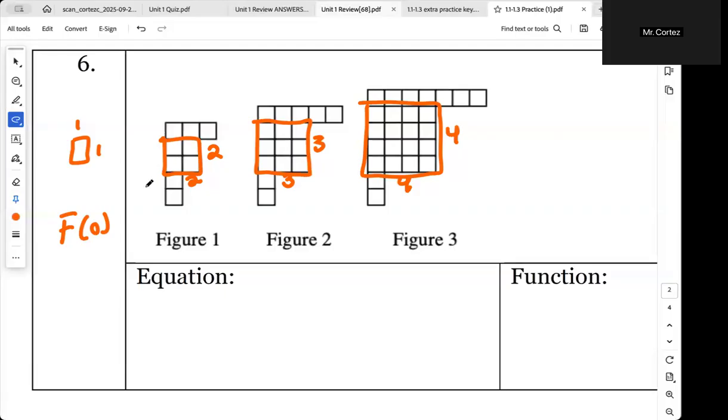So I would say that this is just the figure number plus 1 being squared. All of these are taking whatever the figure number is, you add 1 to it, you get the number that's there. 2 plus 1 gets you this 3, and it's a square, so I'm squaring that.